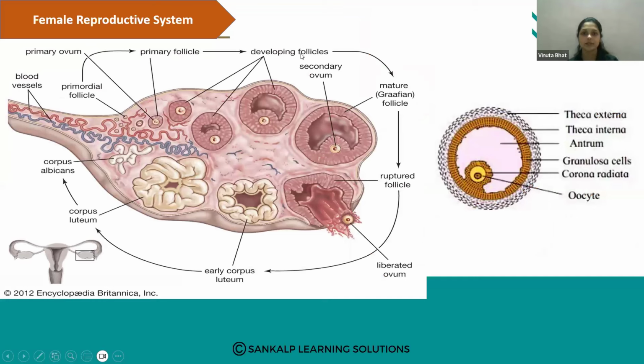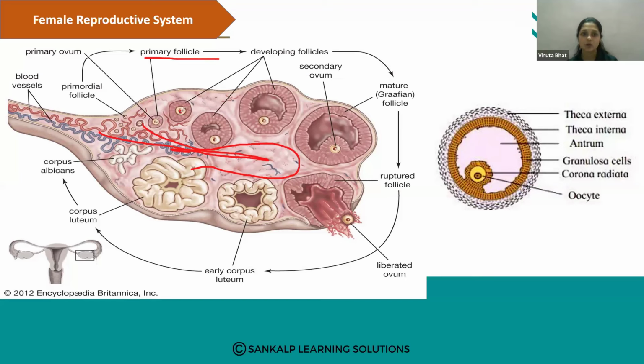Yes, here you can see this is the medulla region, and in the cortex region you can see the developing follicles. The primordial follicle means already millions of follicles are present, but the one follicle that will start developing is the primary follicle.